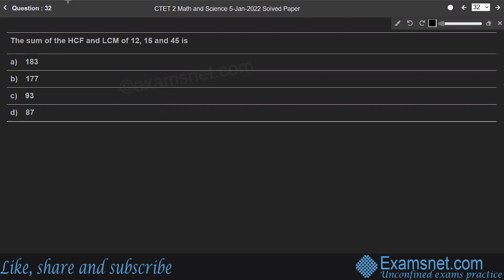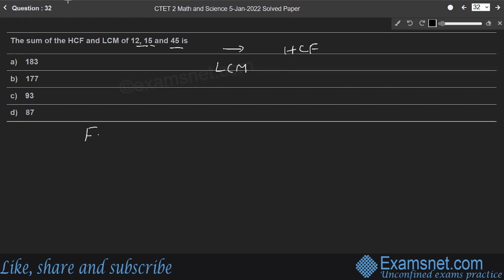So the greatest number which divides 12, 15 and 45 exactly is the HCF of the given three numbers, whereas LCM is the least number exactly divisible by each one of the given numbers. So let us find the factors of 12, 15, 45 separately. Then let us find the HCF and LCM of the given numbers. After that, the sum of the HCF and LCM of the given numbers.